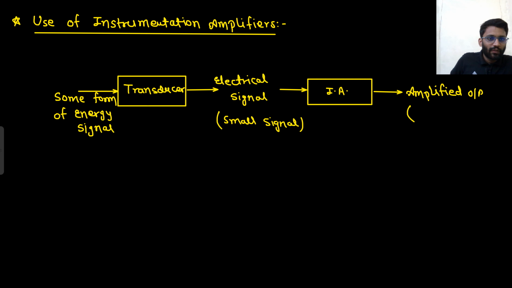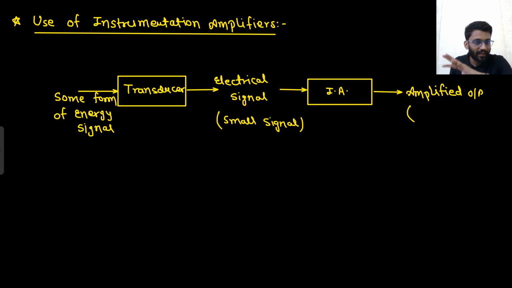Now what is the use of instrumentation amplifier? There is something called a transducer. Students from instrumentation engineering will be studying about sensors and transducers. What a transducer does is take some physical quantity, let's say temperature, or pressure, or any quantity, some form of energy, and convert it into an electrical signal. Let's say there is a change in temperature.